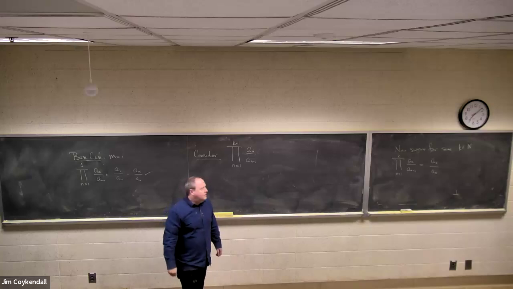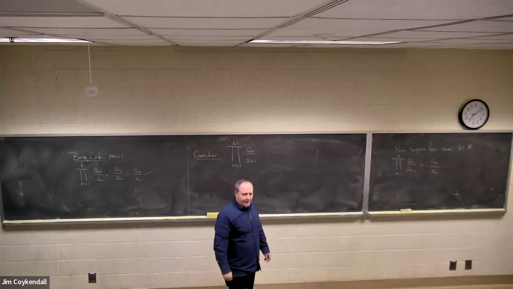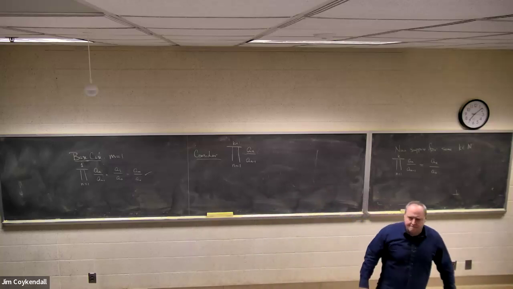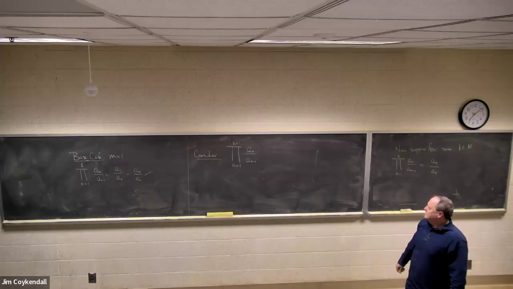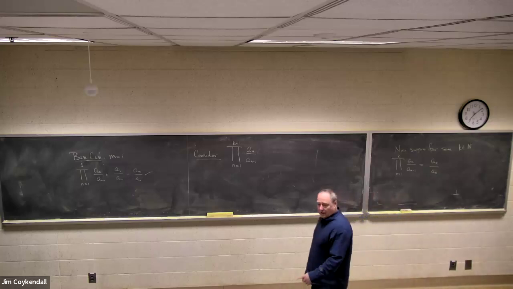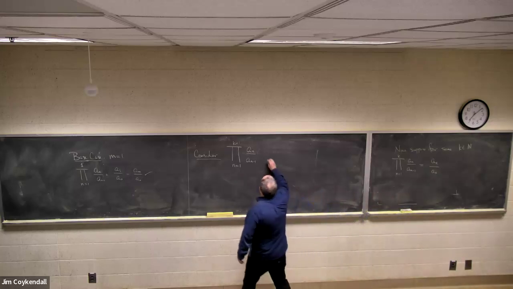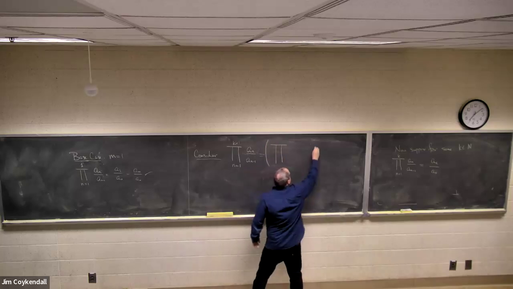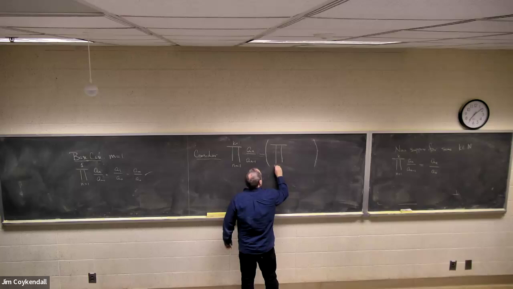How are you supposed to deal with that? That's the same as the original one multiplied by a to the k plus 1 over a k. Right.